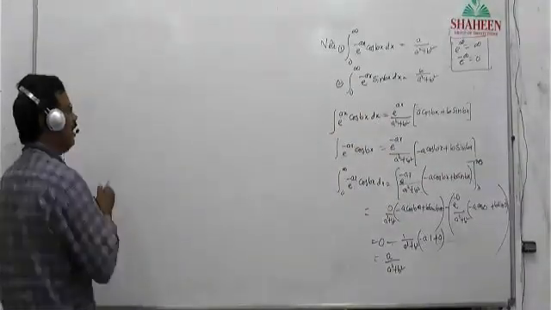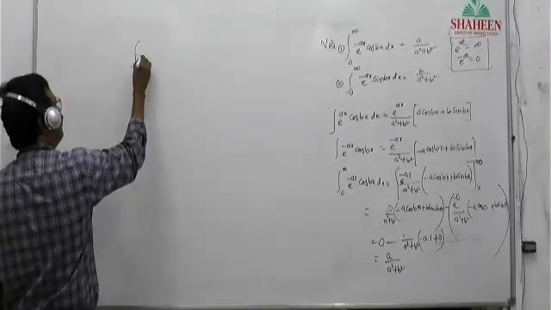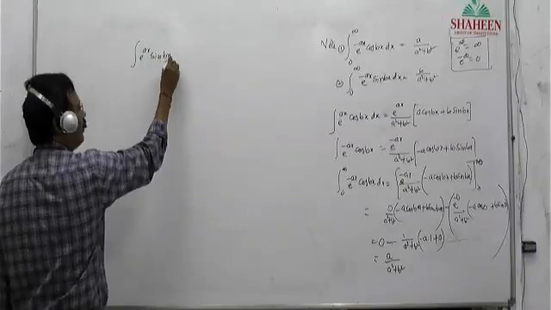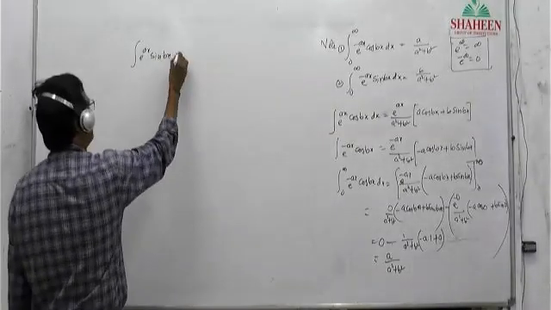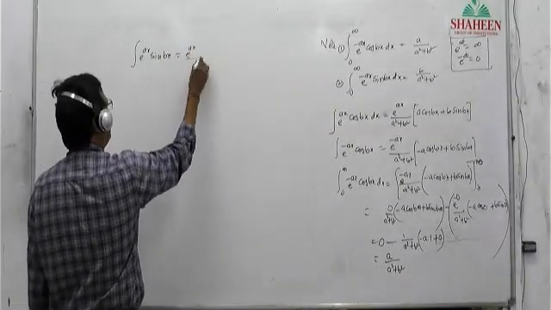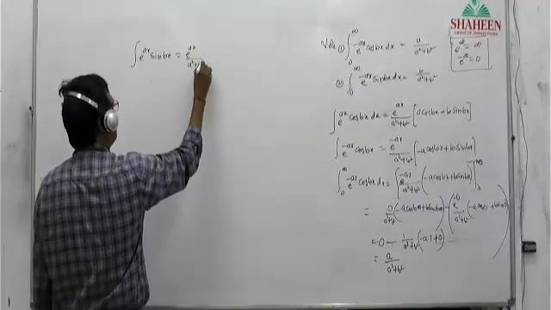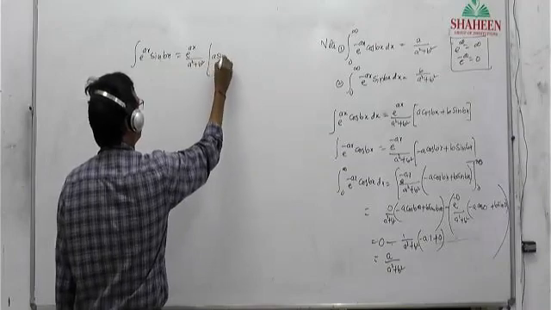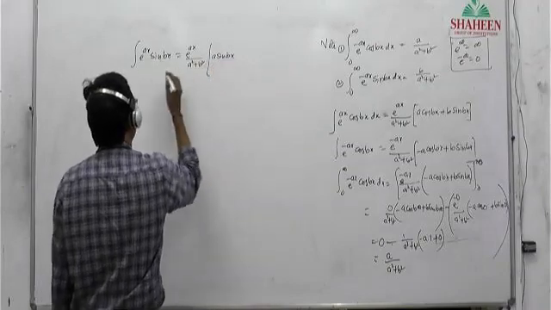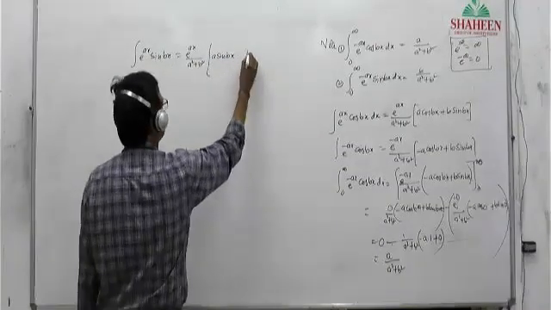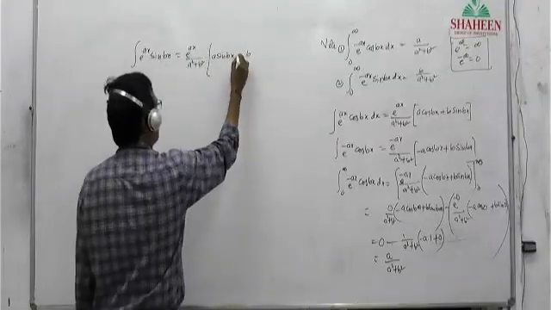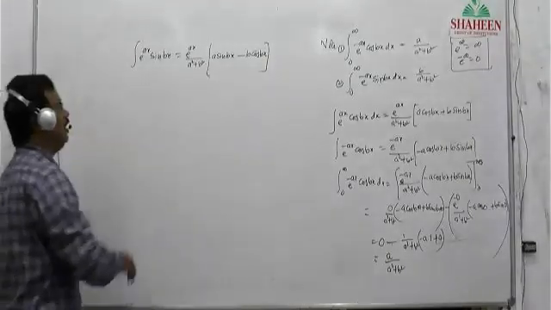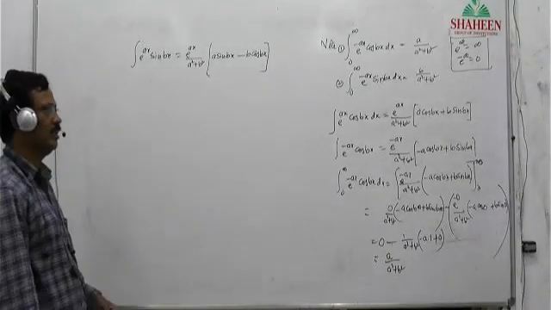I already gave the formula for e power x into sin bx: e power x by a square plus b square into a sin bx minus b cos bx.